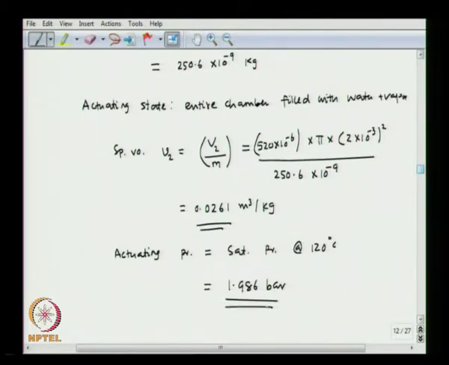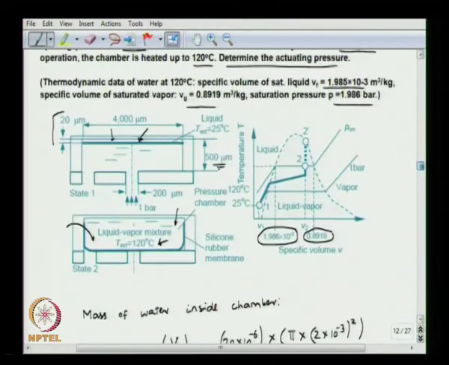So, this is going to be the pressure at this condition. The inside pressure is going to be 1.986 bar.